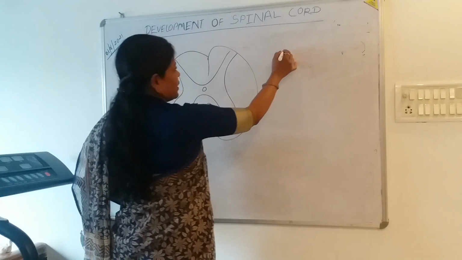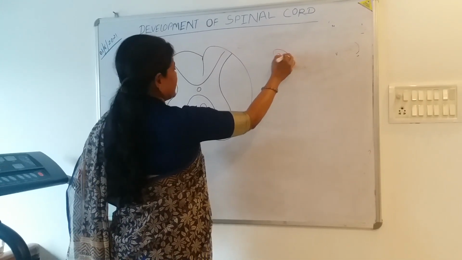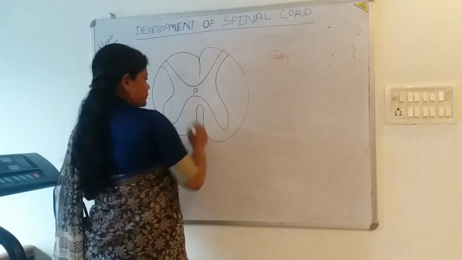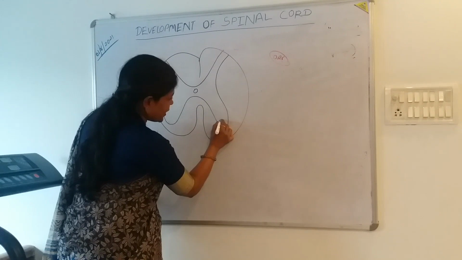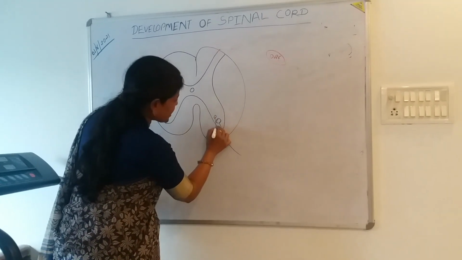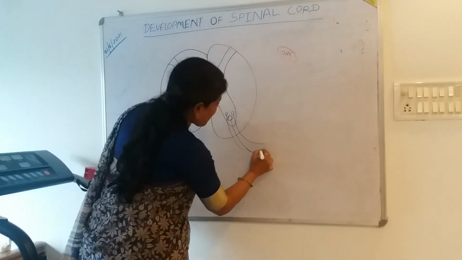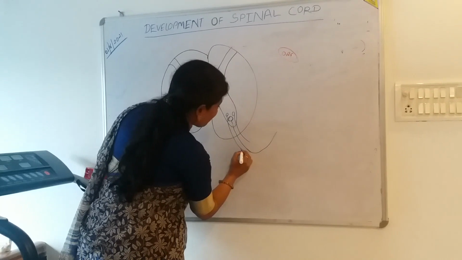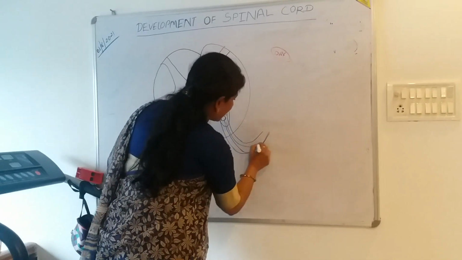Spinal nerves, here is the dorsal root ganglia. What is this? Here the motor neurons and the axons coming out in bundles from here, they unite and form what?